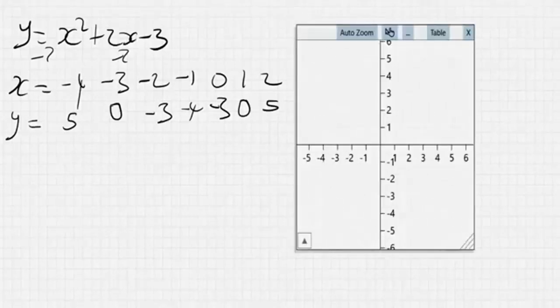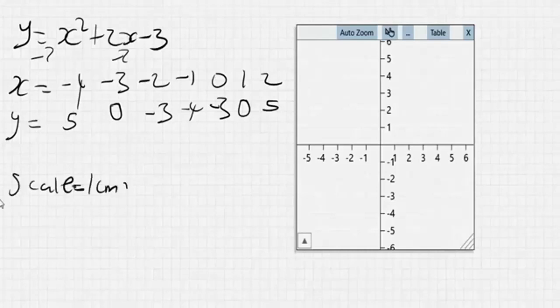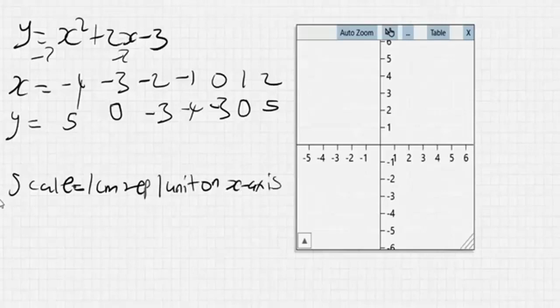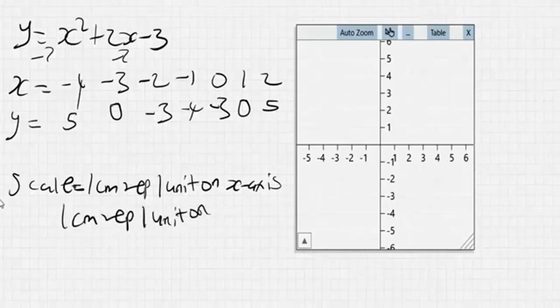Okay, so this is the graph. Let me write the scale of this graph here: 1 cm represents 1 unit on the x-axis, and 1 cm represents 1 unit on the y-axis.